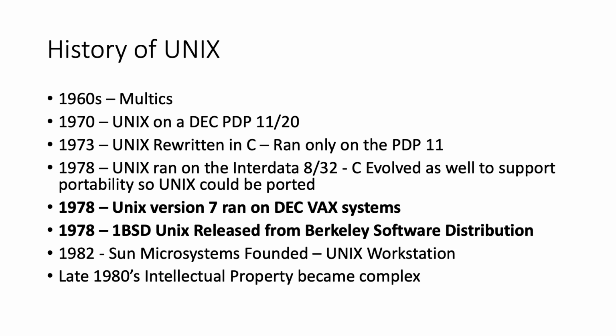Unix is the operating system that is connected with C. In the 1960s, there was a multi-user operating system called Multics. And then in the 1970s, they wanted to come up with yet another operating system, and they eventually called it Unix. It ran on the DEC PDP-11, which was one of these new commodity part-based computers coming into the marketplace.